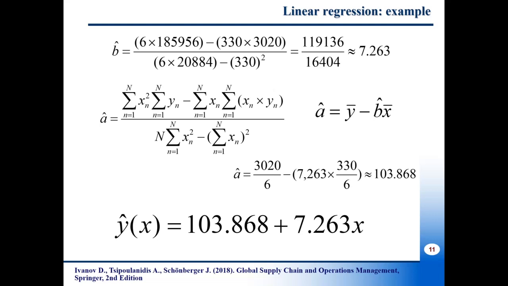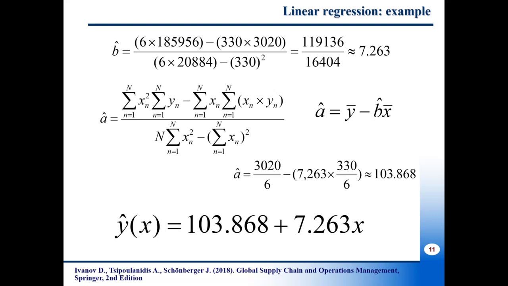As a denominator, we input the time window, 6, multiplied by the sum of the fourth column, minus the square of the sum of the first column. Dividing the numerator by the denominator, we get B.